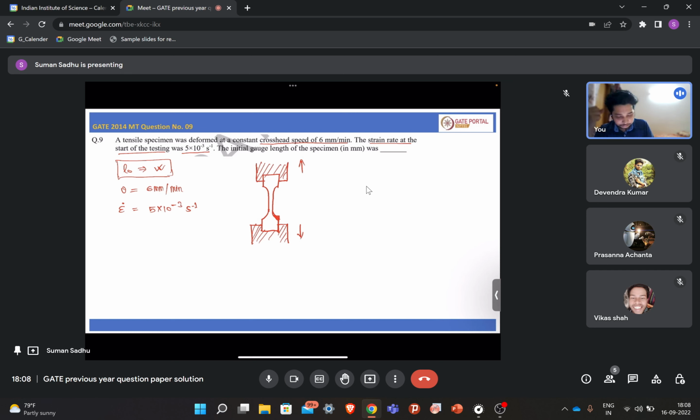So these are the grips, and the machine is pulling your sample like this. Let's say this is the initial condition, where the length of the sample was L naught, that is the gauge length. After some time, the crosshead moves up to here, so your sample will be a bit elongated.